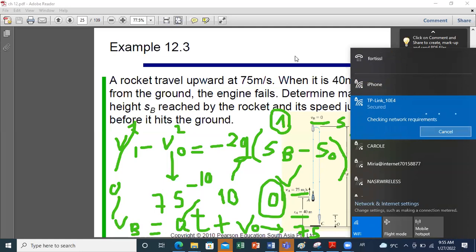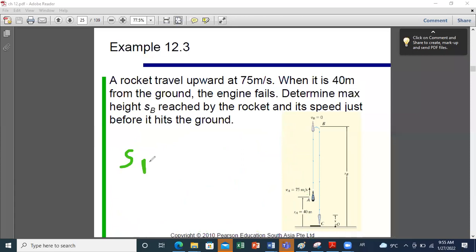So S of B is equal to minus half G TB squared, because A is minus G, plus V0 times t.